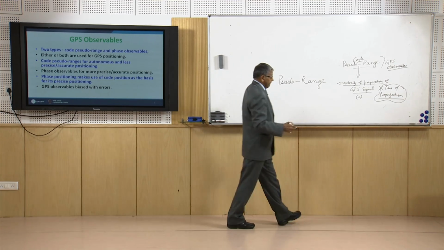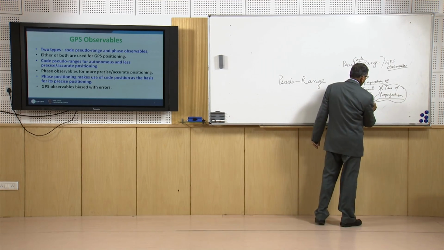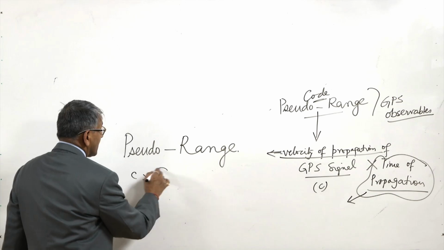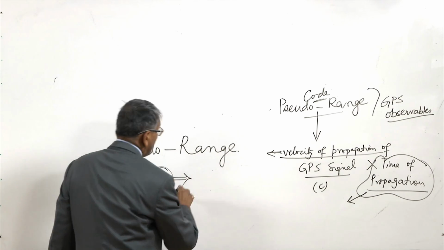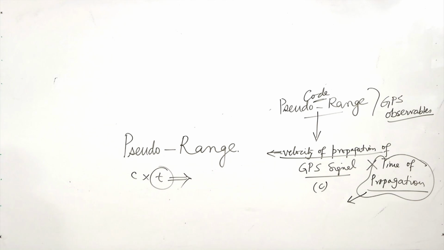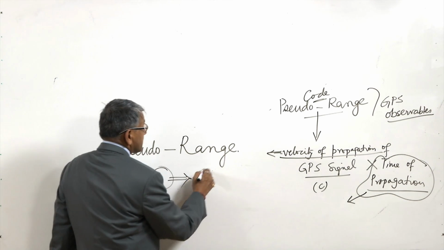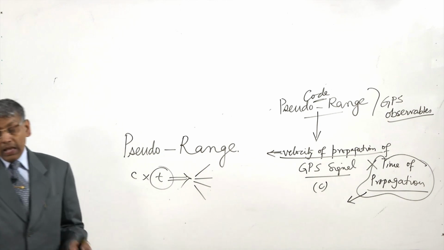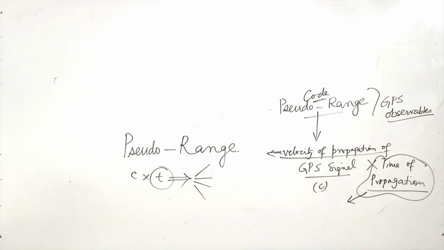So this measurement of C into time will be associated with different types of error like synchronization error, atmospheric error, hardware error, and many other errors which we will learn in other classes.